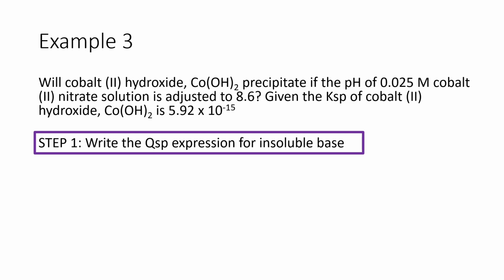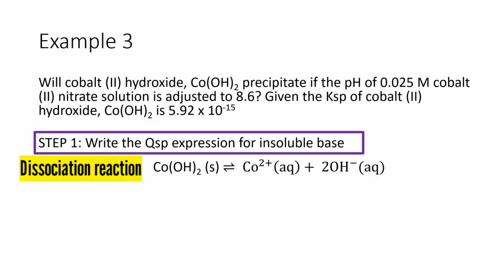To write the reaction quotient expression for cobalt-2 hydroxide, first we must write the dissociation equation for cobalt-2 hydroxide. Cobalt-2 hydroxide only slightly dissolves in the aqueous solution, so it will only dissociate slightly. Therefore, the phase is solid. When it dissociates, it gives the cation cobalt-2 plus ion in the aqueous state and also the hydroxide ion in the aqueous state.